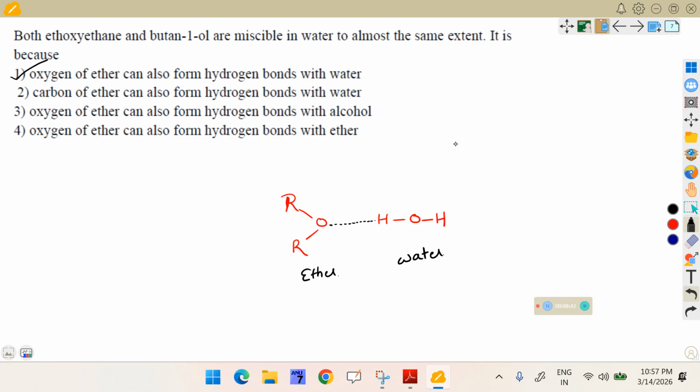We know that solubility is directly proportional to hydrogen bonding. Alcohols easily form hydrogen bonds with water. Not only alcohols, ethers also form hydrogen bonds with water. So, ethers and butanol are miscible in water to almost the same extent.